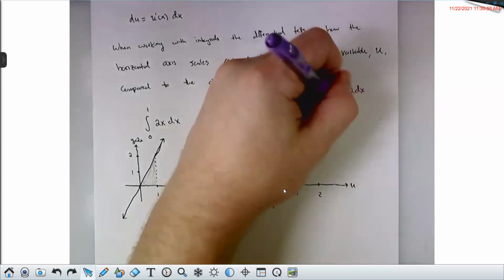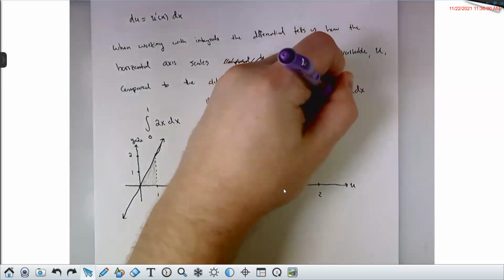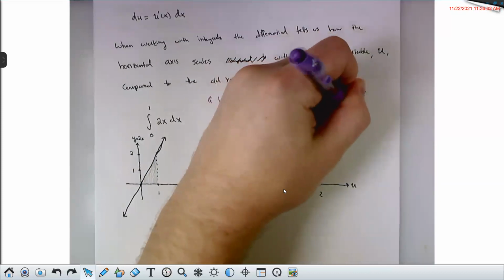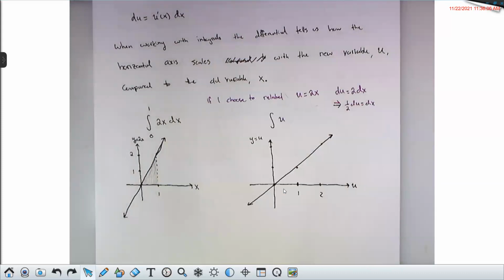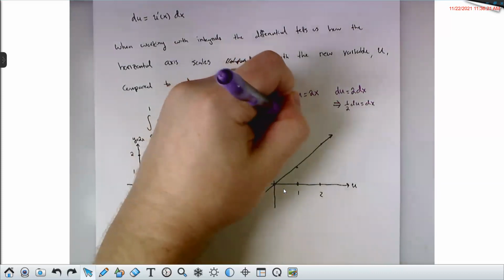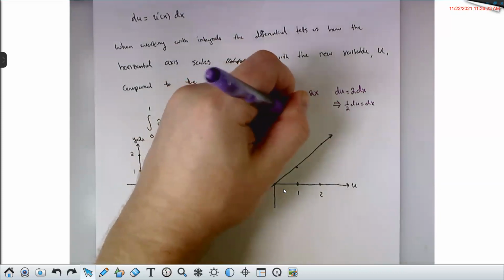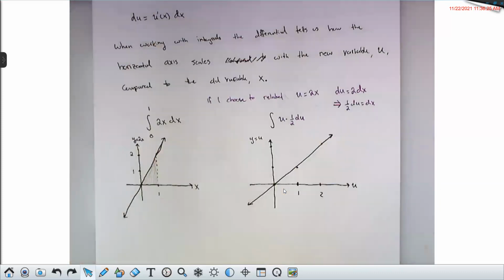So let me do a few things. Let me divide both sides by 2 here. And I see that dx is 1/2 du. So this becomes the integral of u times 1/2 du.